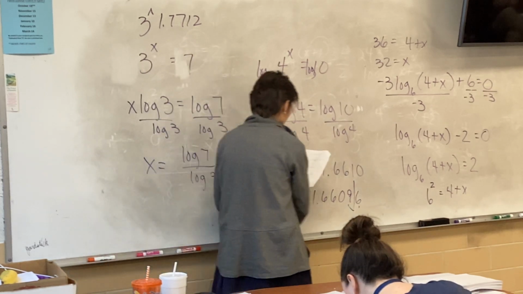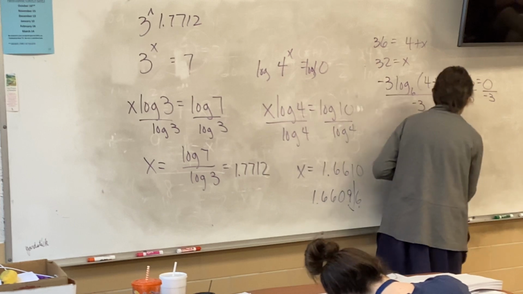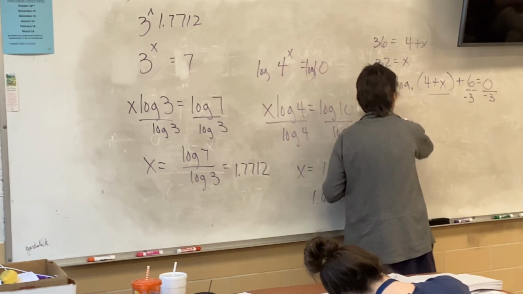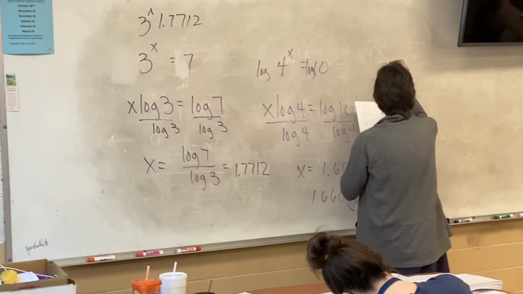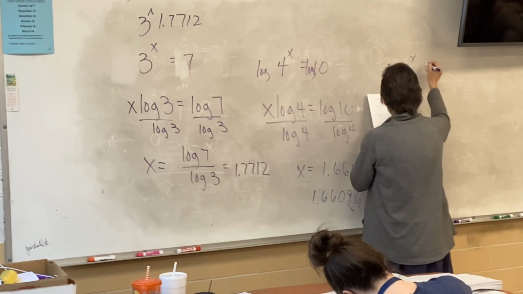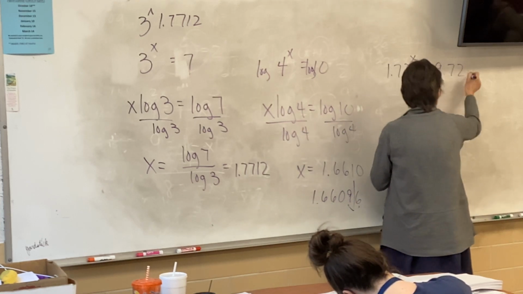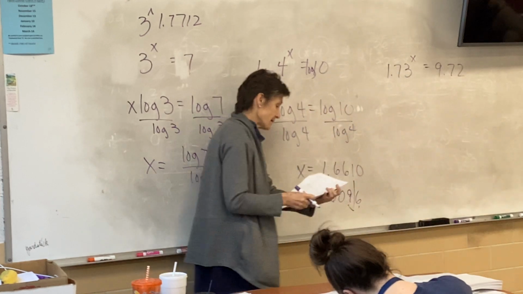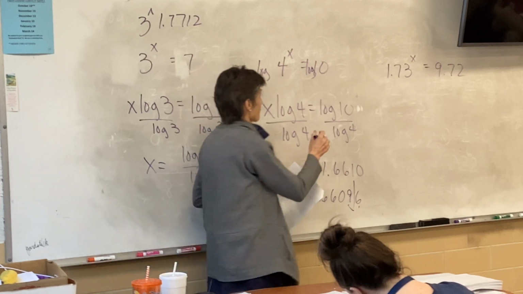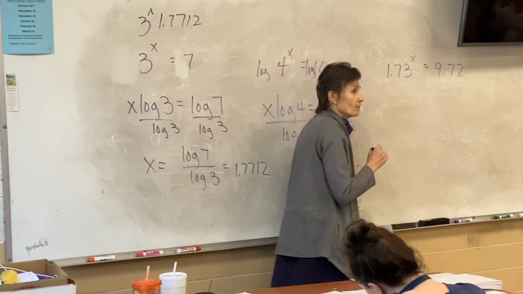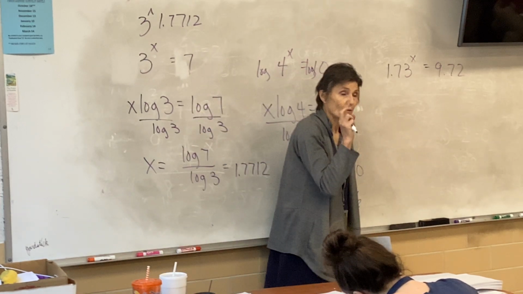Alright, next. Obviously, no common base here. These are random, weird numbers. So to solve this, we're going to take the logarithm of both sides. Would everybody agree? Okay, you have 2 choices.